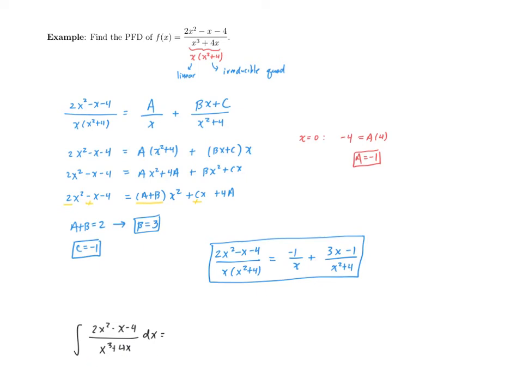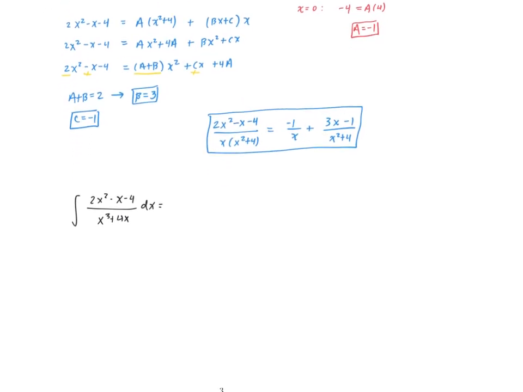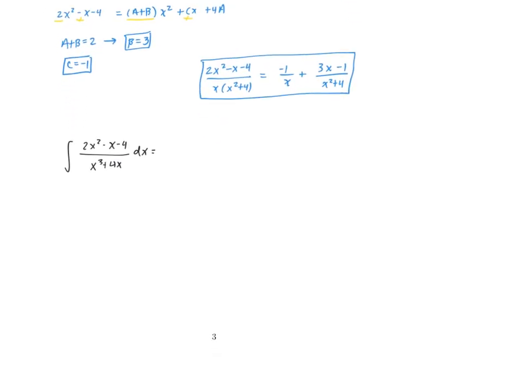And in order to evaluate the integral, you would need to do all of this wonderful algebra to the side to rewrite it in this more manageable form. So let's go ahead and integrate. If we break it up into 3 separate pieces, we'd have the integral of minus 1 over x plus the integral of 3x over x squared plus 4 minus the integral of 1 over x squared plus 4.